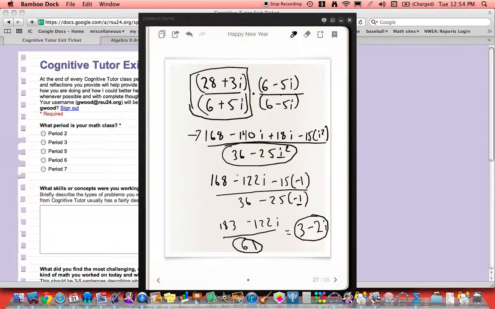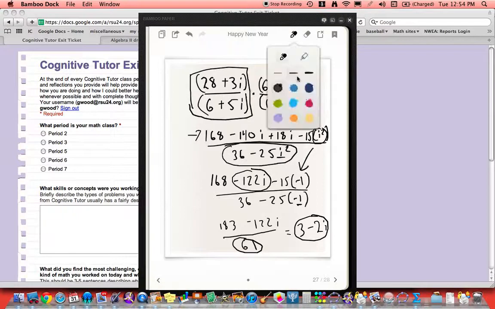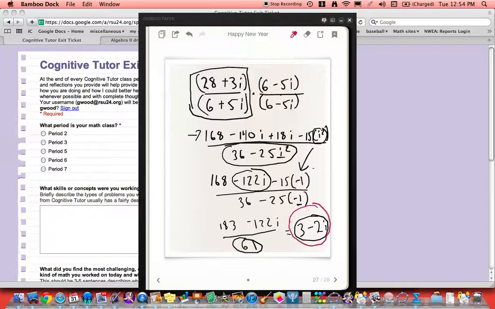Combine like terms, and realize that i squared is negative 1. And all of a sudden you have 168 plus 15 minus 122i, which is 183 minus 122i. And guess what? 183 divided by 61 is 3. 122 divided by 61 is negative 2. I have what I would hope to have as the quotient of 28 plus 3i divided by 6 plus 5i.